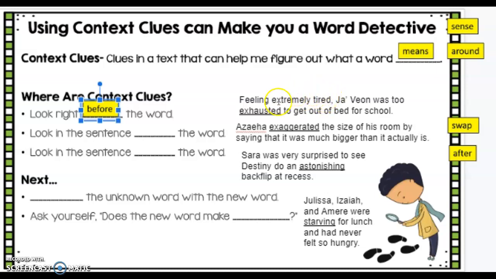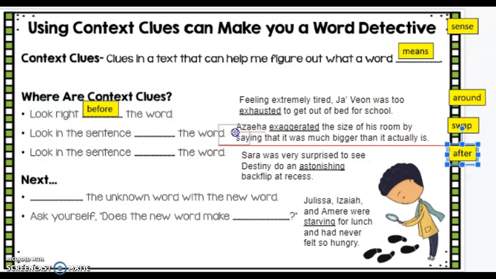If we were to plug extremely tired into that space, would it make sense? Let's see. Javion was too extremely tired to get out of bed for school. Yes, that makes sense.